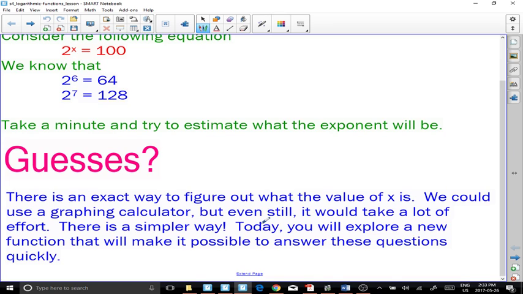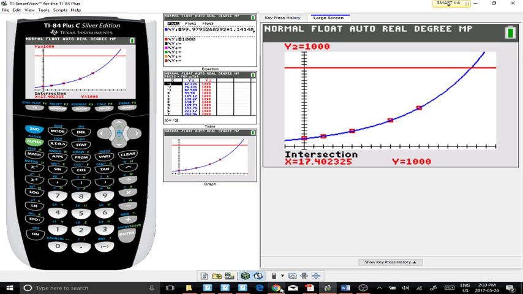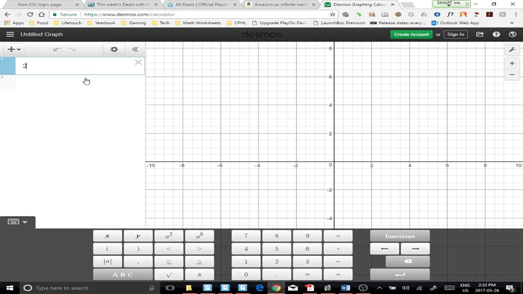Today we are going to explore a new type of function where we can answer that question quickly and effectively. And we can actually use Desmos or the graphing calculator really easily here. If I pop open Desmos, I can do 2 to the exponent x. I can do y equals 100.